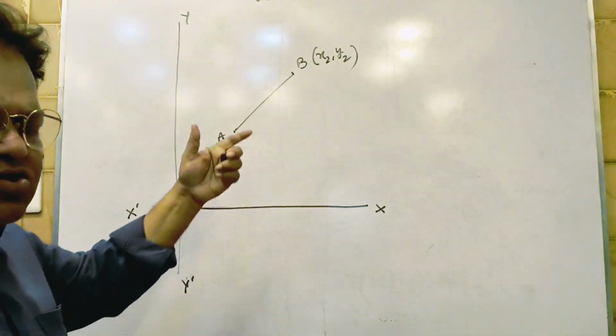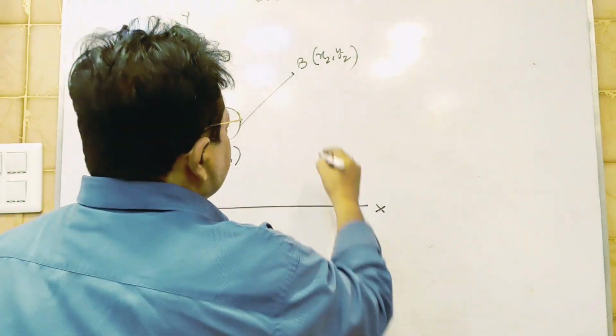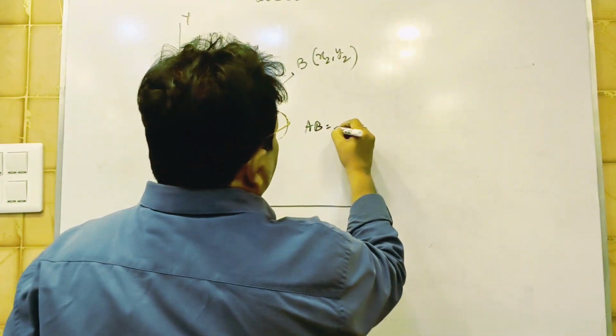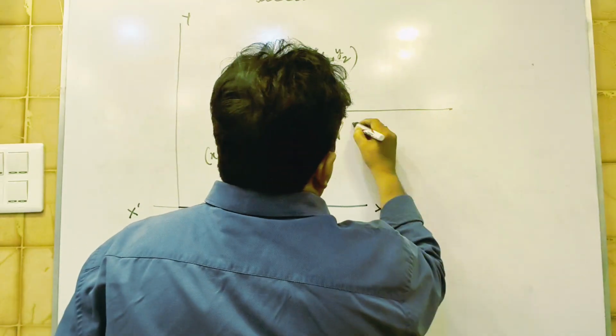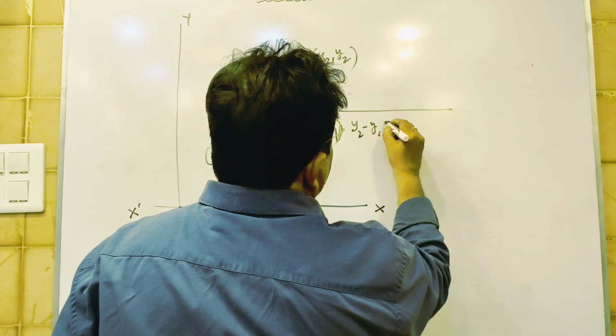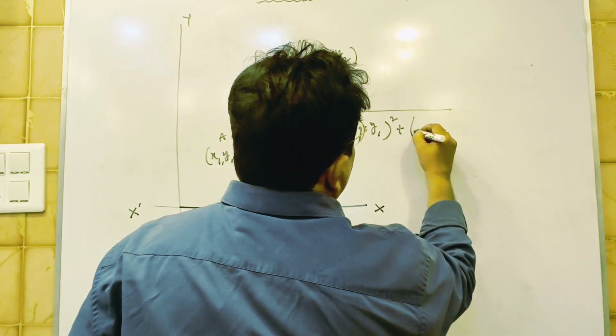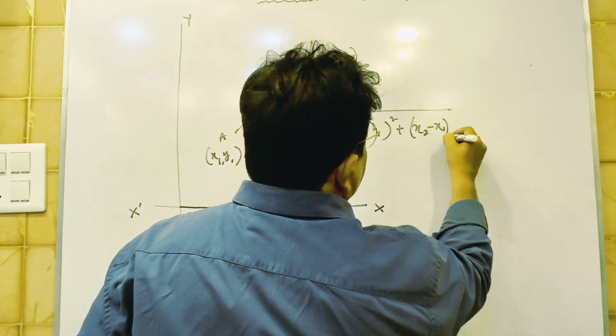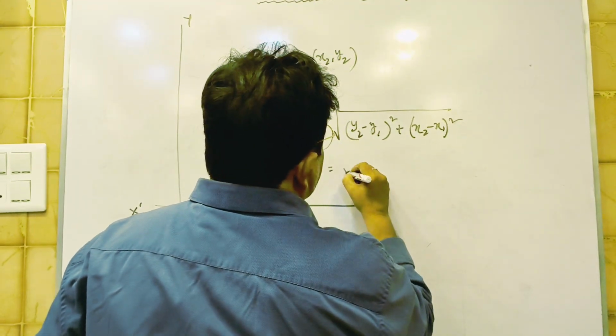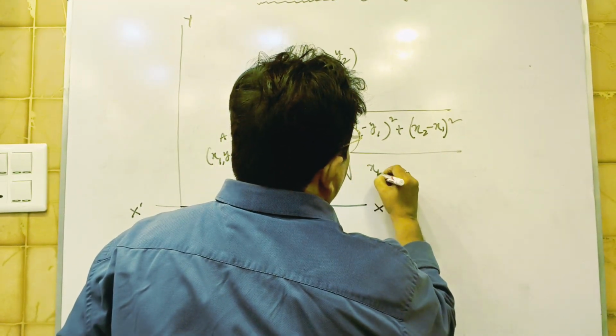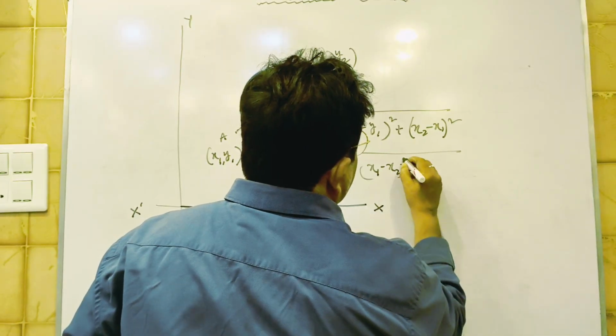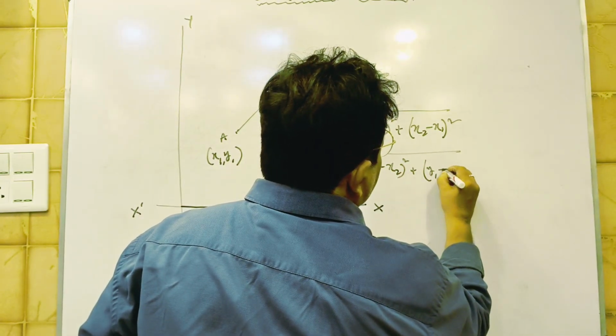Now you are asked to find the distance between A and B. So what will AB be equal to? We can write the square root of y2 minus y1 whole square plus x2 minus x1 whole square. Or it may be written as x1 minus x2 whole square plus y1 minus y2 whole square.